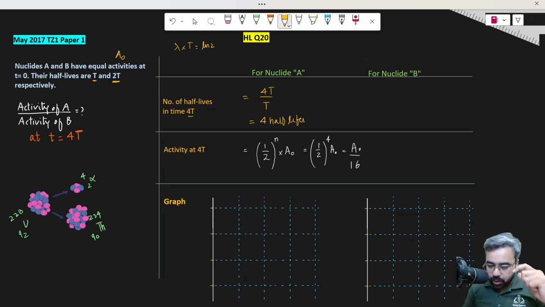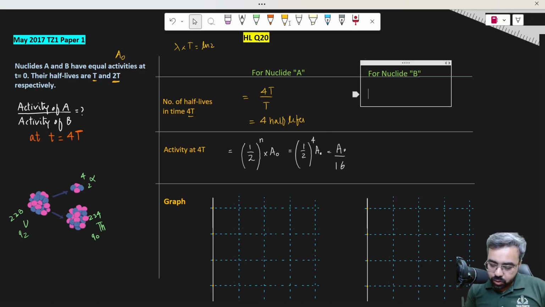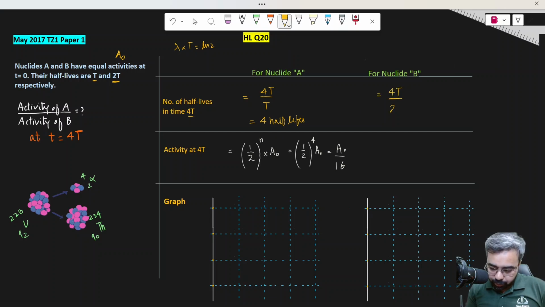For nuclide B, the total time 4T is divided by its half life 2T, so there are just two half lives. After one half life its amount will be A0 over 2, and after two half lives it will be A0 over 4, which you know already.